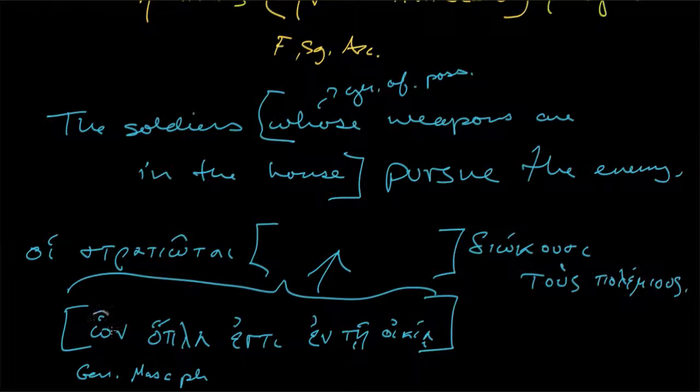Well, that could be really any gender, but it is genitive and plural and refers back now to hoi stratiotai. This is what we call the antecedent, the thing that comes before. So this refers back to the antecedent. Hoi stratiotai, the soldiers, whose weapons are in the house, pursue the enemy. That's it. Not too shabby.